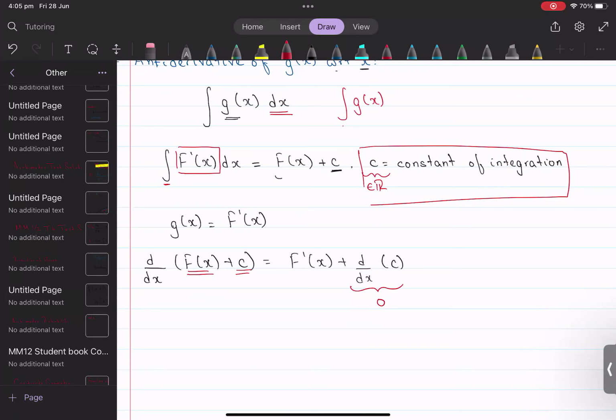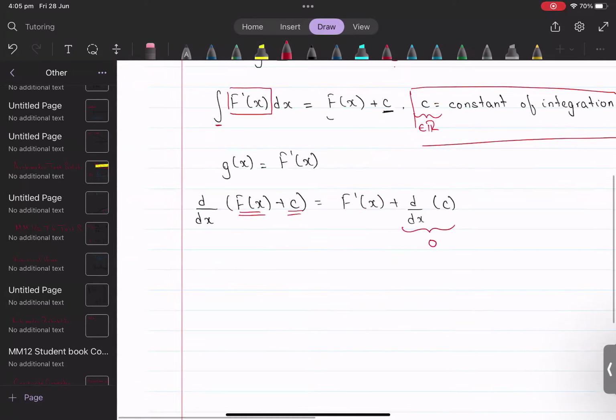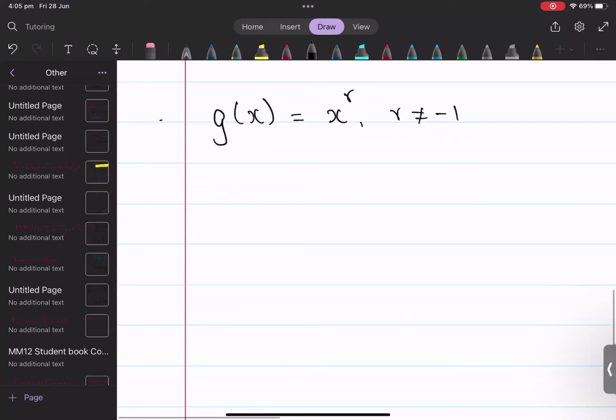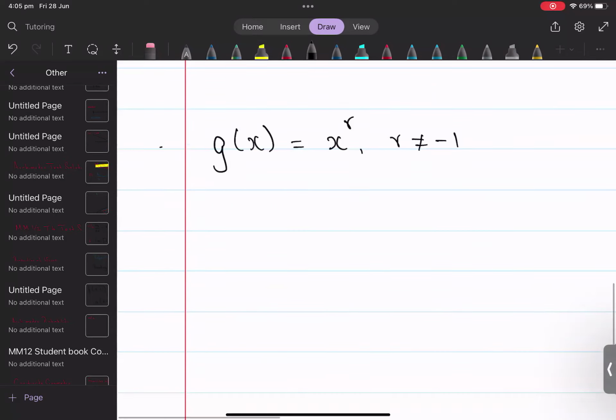In general, if we have a function g of x that's equal to x raised to some power r, where r is not equal to -1, well, the antiderivative of this follows a very simple, relatively straightforward formula.